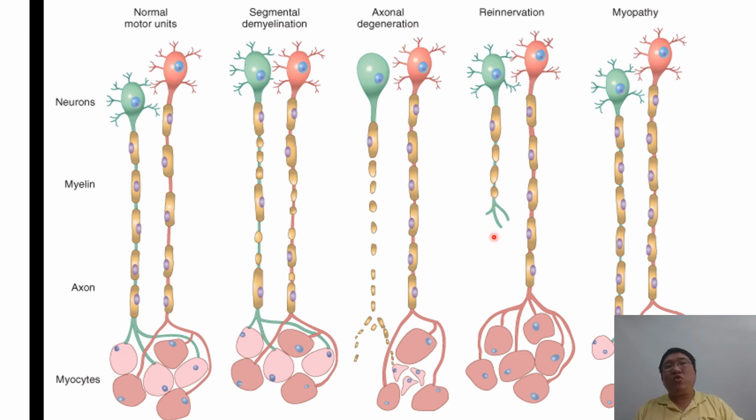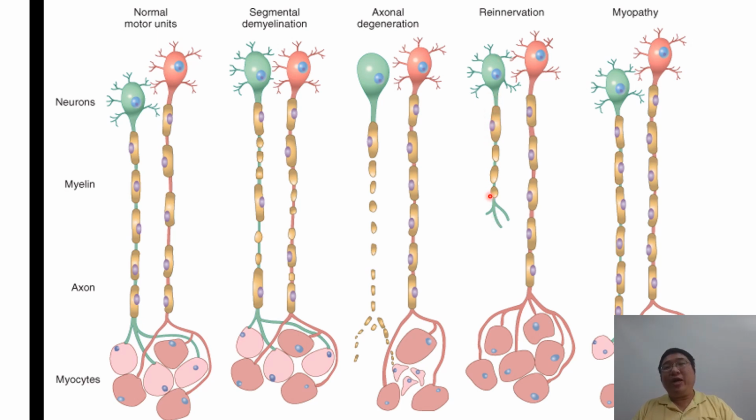The axon will grow about 1 millimeter per day. So it is very slow, but it is possible. However, the newly formed axon with myelin sheath will never be the same. The repaired or the new axon will have some degree of impaired function.